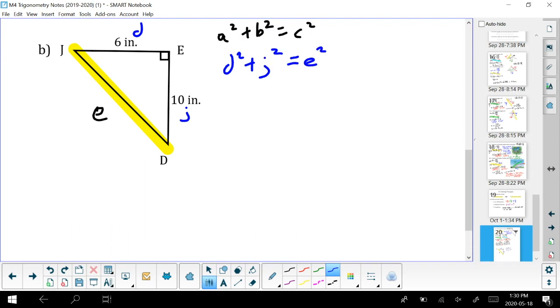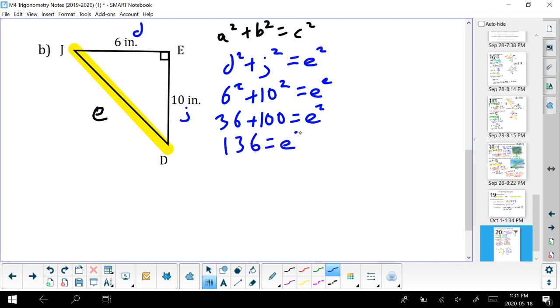So let's go ahead and plug in those variables. So 6 squared plus 10 squared is equal to E squared. This gives me 36 plus 100 is equal to E squared. And we have 136 is equal to E squared.